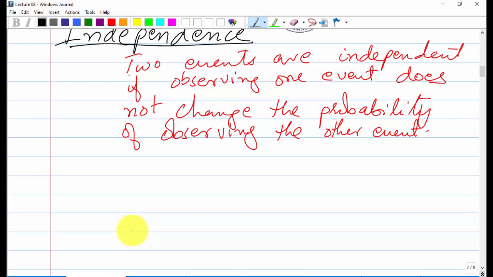So its definition, we can write it very easily.